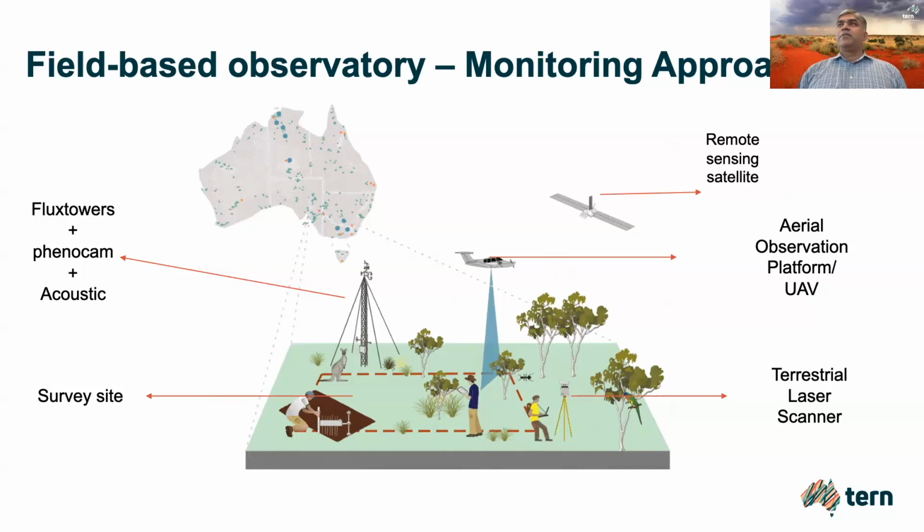We also do a fair bit of systematic survey. The tower represents the flux data and the phenocam, which is deployed as part of the flux tower, along with the acoustic sensors, two of them distributed at each of the 12 super sites.